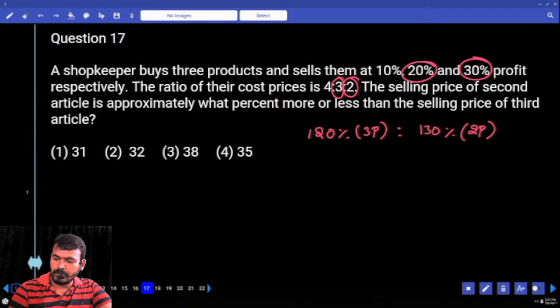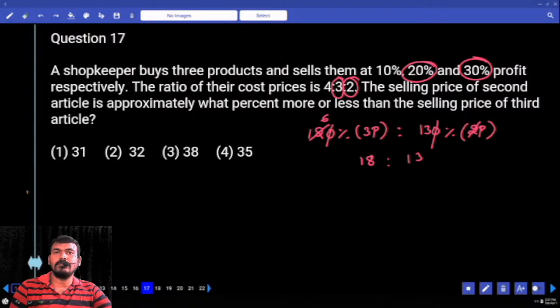Okay, in a ratio, the zeros on both sides are cancelled. 12 into 3 is 36, that is 6 times 3, 18. The other one, 13. What is the ratio? 18:13. SP2 is 18 parts, SP3 is 13 parts.